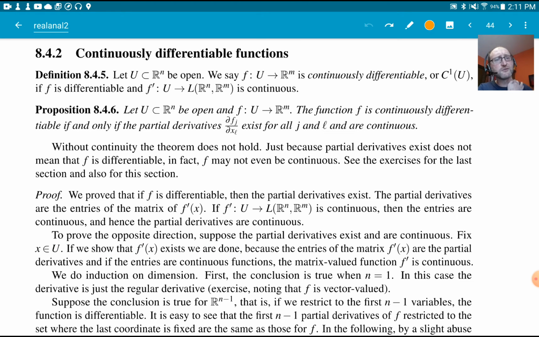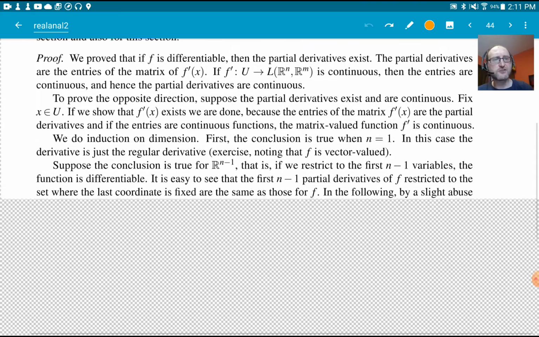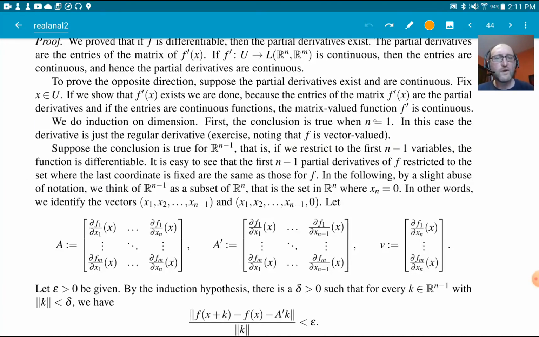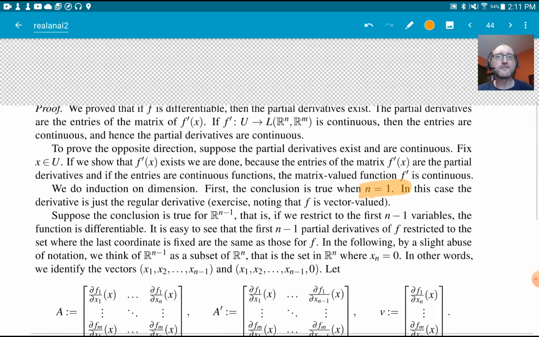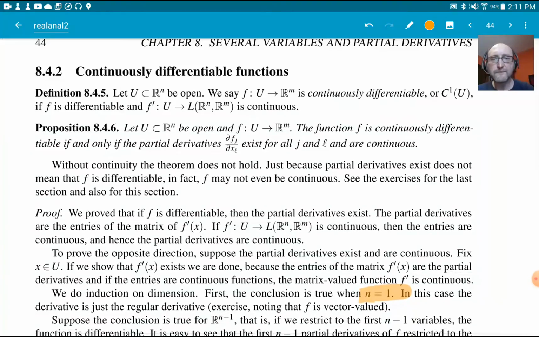To do this, we do an induction on dimension. So first, when n is 1, so when we're starting this over here, if it's a function of a single variable, that means that the derivative is just this column vector. And the way it acts is just by multiplication of that column vector by a number.